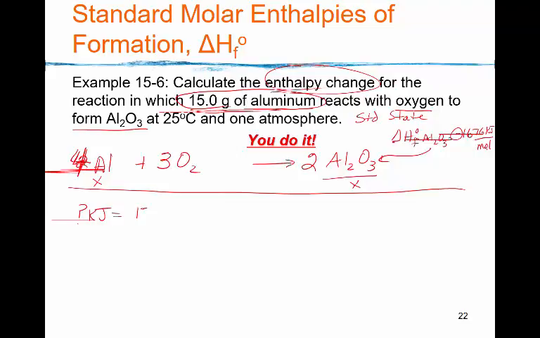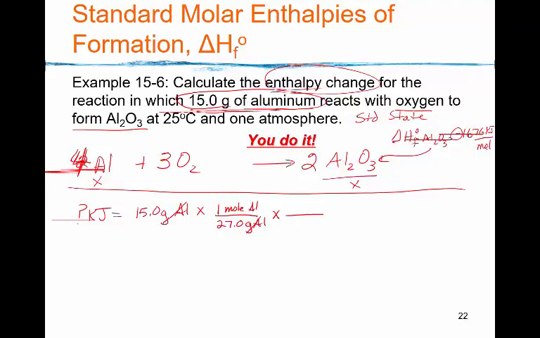All right, so kilojoules is going to be equal to, how do I get from grams to moles? Well, I've got 15 grams of aluminum, and if I look at my handy-dandy periodic table that I've provided you a copy of, you will see that there are about 27 grams of aluminum in 1 mole of aluminum. Okay, that gives me moles of aluminum because those cancel.